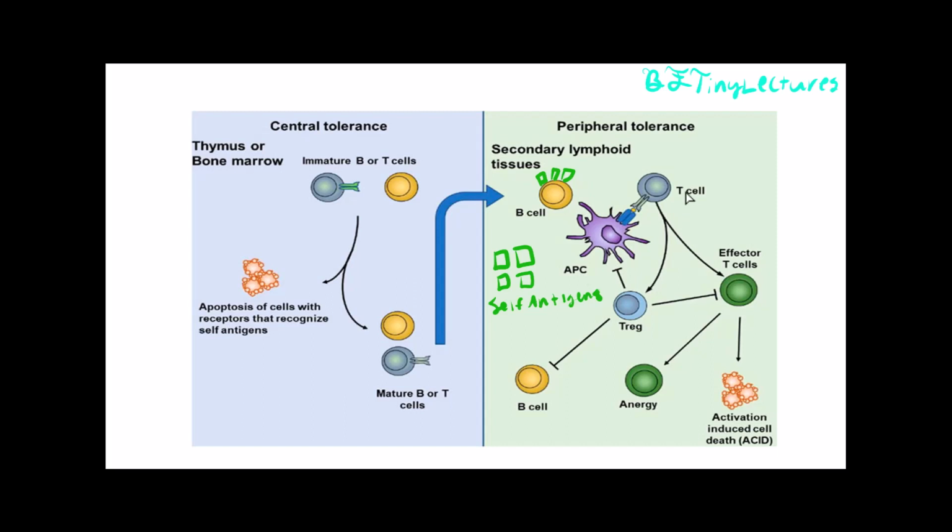But the T cell looks at it and it says, really? No, don't do that. That's a self-antigen. I'm not going to send you a signal. I'm not going to do any cytokines for you. And now the B cell is given another signal to explode. So this induces apoptosis.